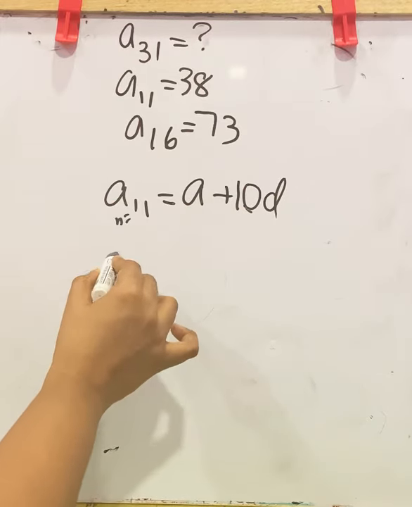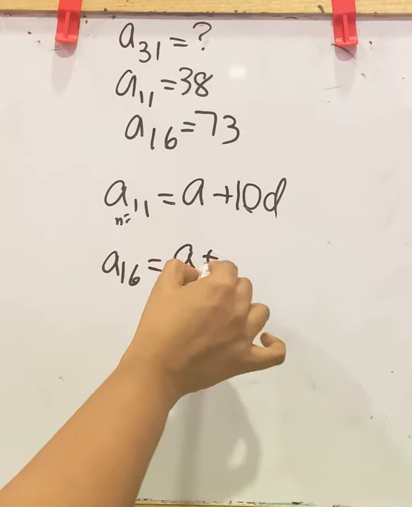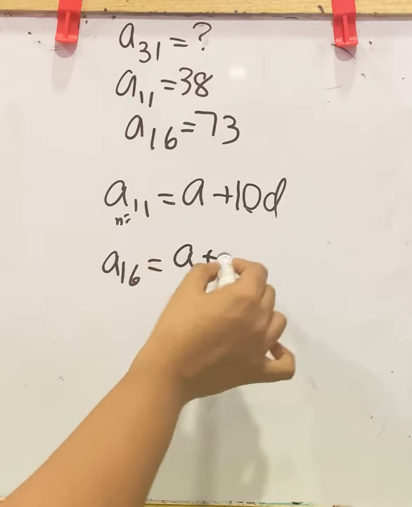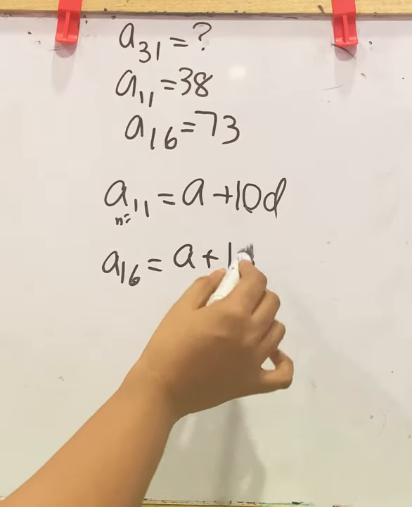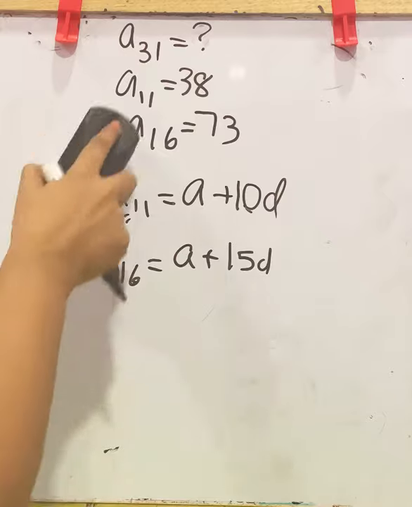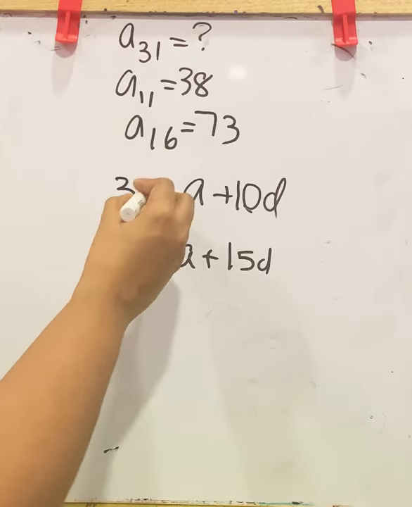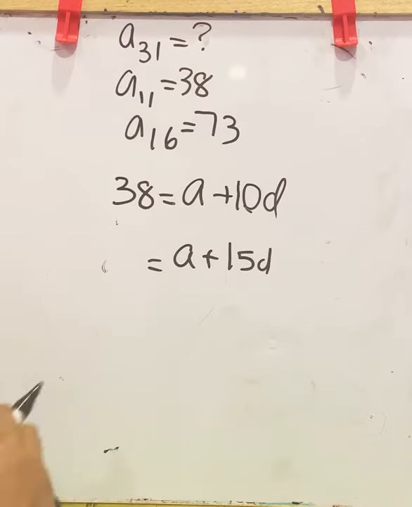Next, A16 equal to A plus 16 minus 1, that is 15. N minus 1 is 15 into D. Here we have values A11 equal to 38, so we will write 38 and this one 73.